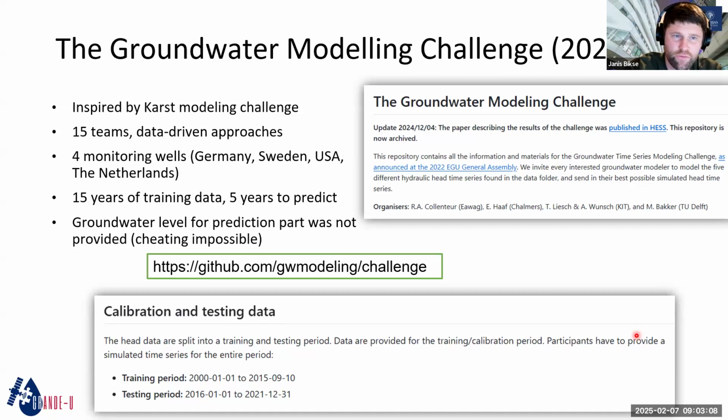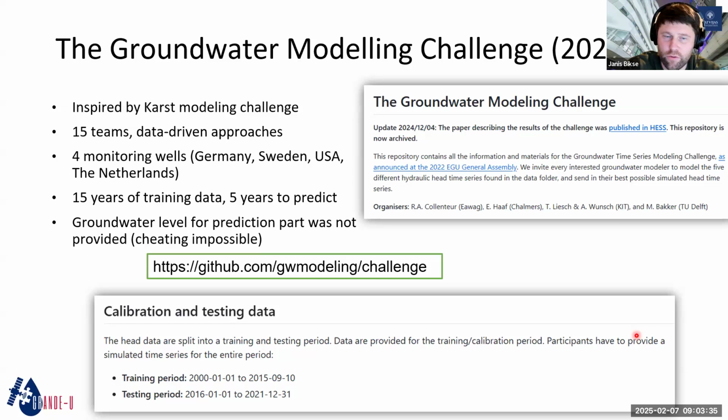In this challenge, 15 teams participated, and only data-driven approaches were used. We were provided with 4 monitoring wells from Germany, Sweden, United States, and the Netherlands. We had 15 years of training data, and we had to predict 5 years using explanatory variables.